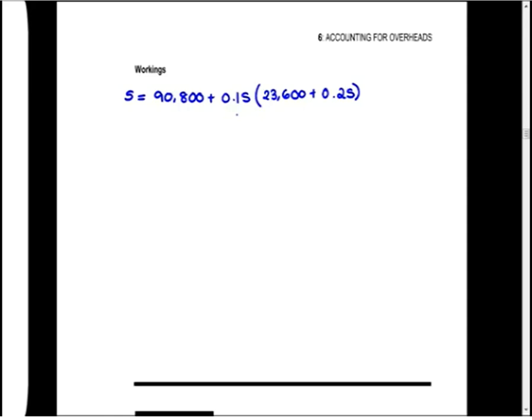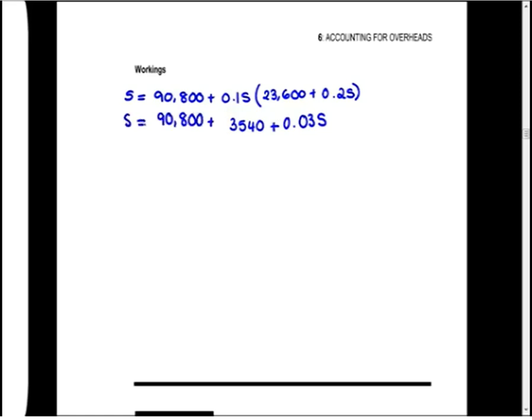So 0.15 multiplied by 23,600 is 3,540. And 0.15 times 0.2 gives us 0.03S.